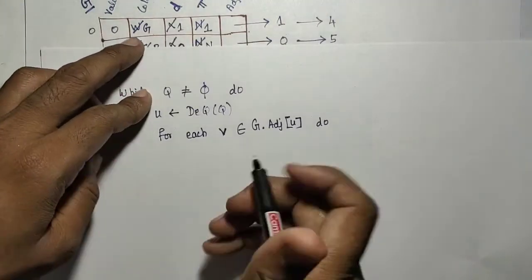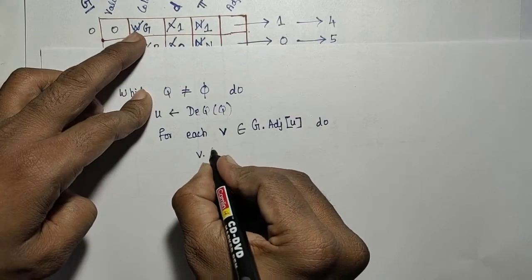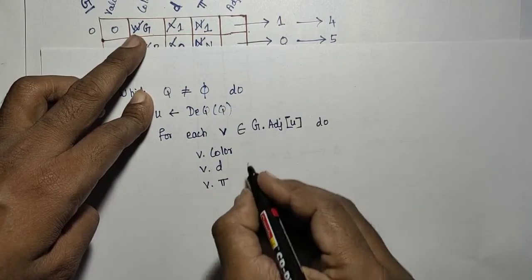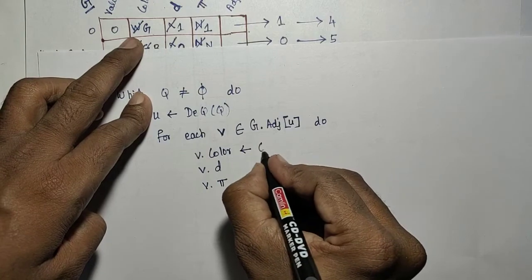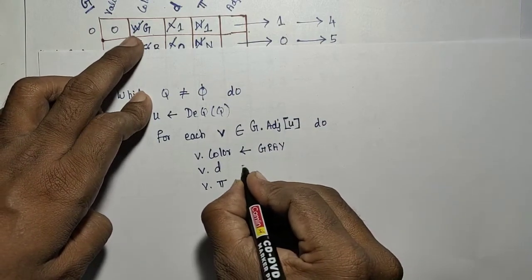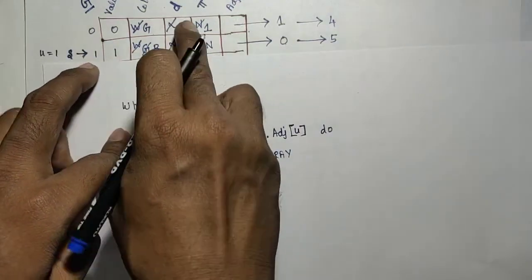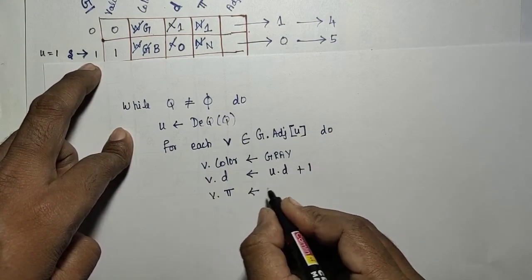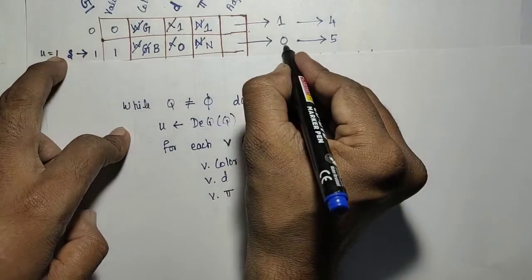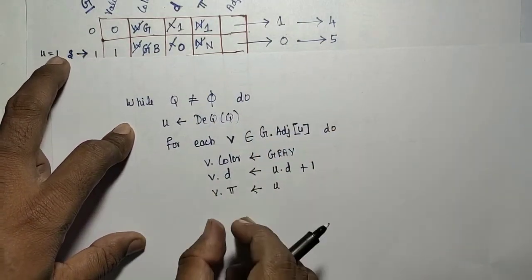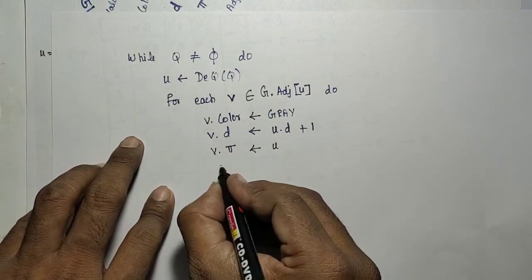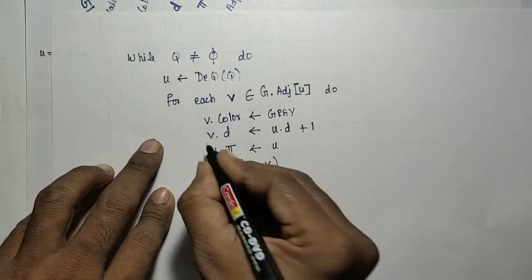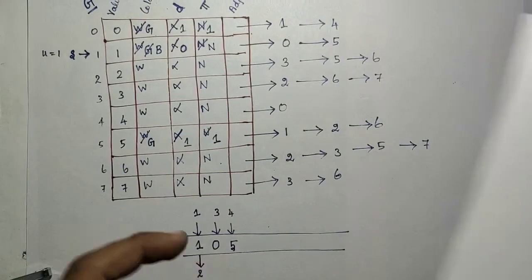So I need to change V.color, V.distance, and V.pi. Color needs to be changed from white to gray, and the distance has to be updated with U.distance plus 1, and then the pi will be updated with U. So the parent of 0 is U. Then we have updated that field, which needs to be enqueued into the graph Q. So ENQUEUE(Q, V). 0 will be enqueued in that Q.